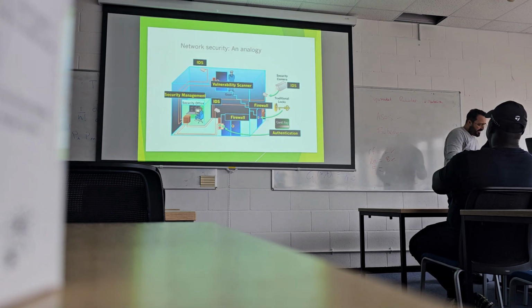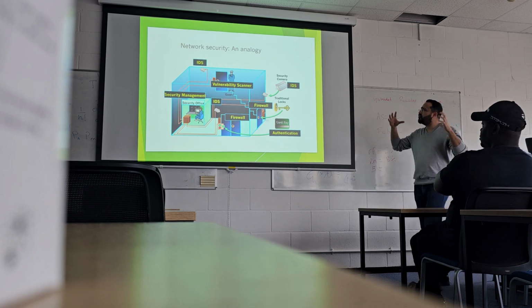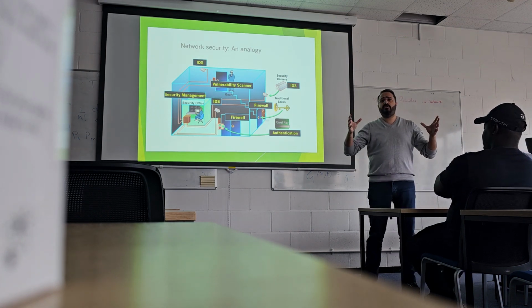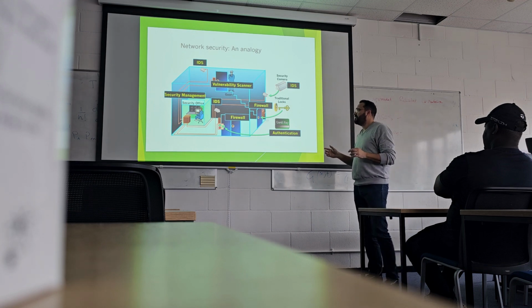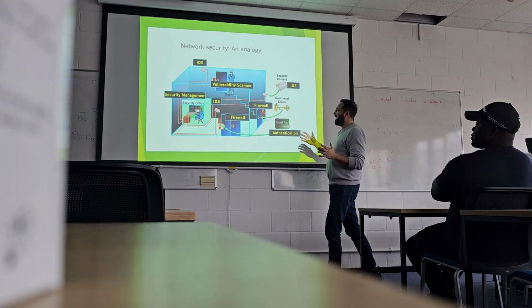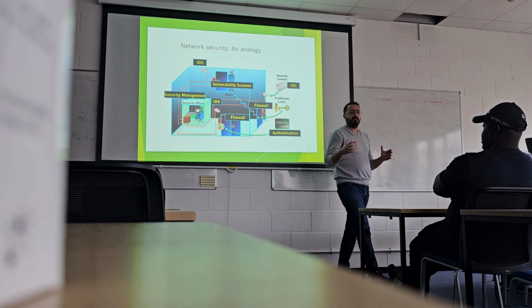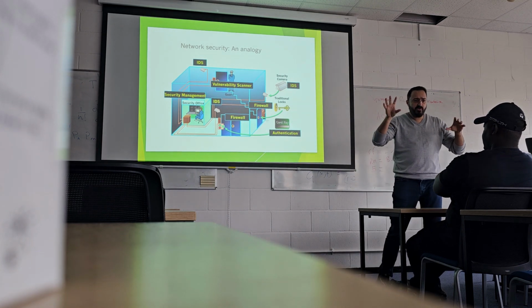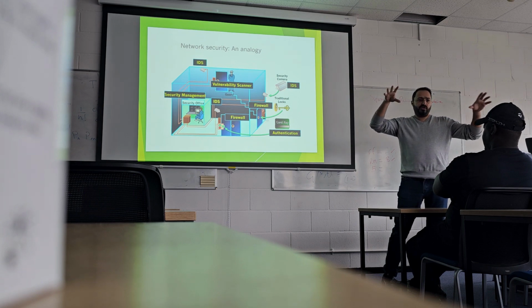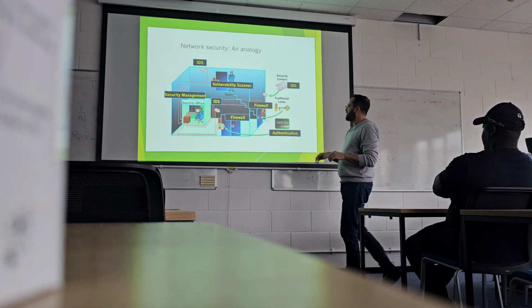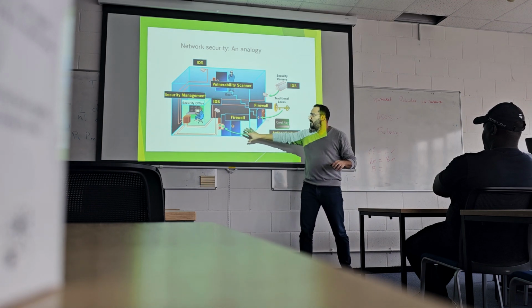How can we have an analogy of what an IDS is, what a firewall is, and what all of these systems are? The IDS is considered as the cameras, the CCTV system which is monitoring the space. The firewall is considered like the door.